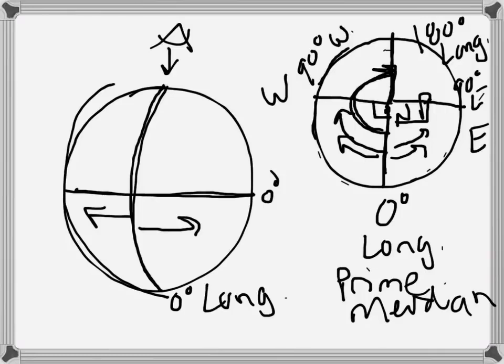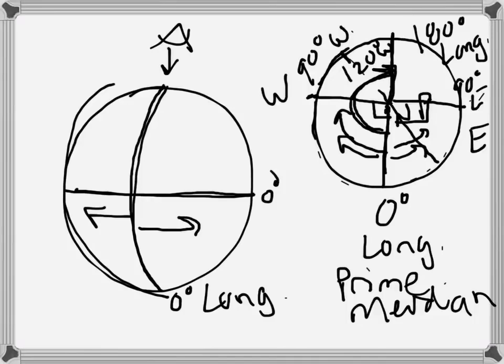Make sense? Now here's something clever as well. You'll notice that opposite 90 degrees west is going to be 90 degrees east. Opposite 0 is 180. What about something like 120? What would the opposite of 120 west be? Well, here's a very, very simple solution for you.